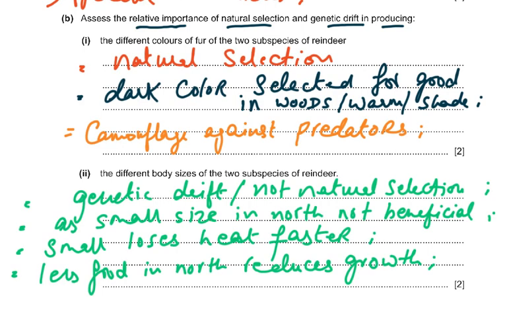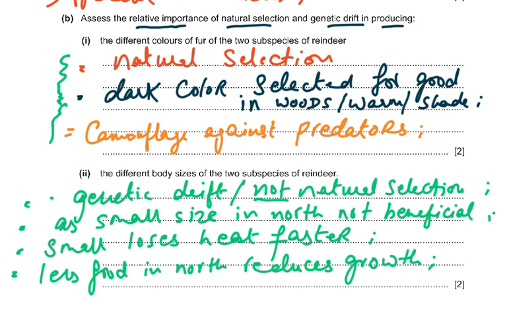Here it says natural selection: dark color selected for, good in woods, camouflage against predators. And here it says genetic drift, but you could have also said not natural selection. The small size in the north is not beneficial, the small lose more heat so they cool faster, and then less food in the north, so less growth. So you have to really pick up all the points from the question and come to general conclusions about this whole story.